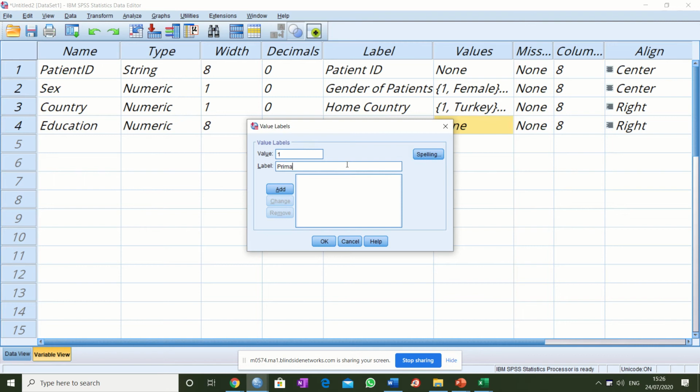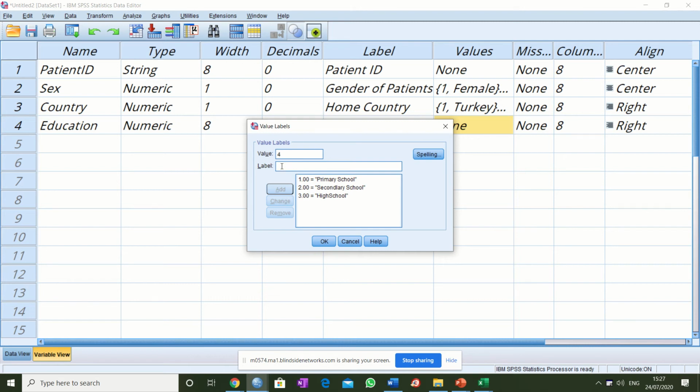I can write 2 secondary school. The order is important here. I cannot write one high school; it's not possible. 3 high school, and 4 university.